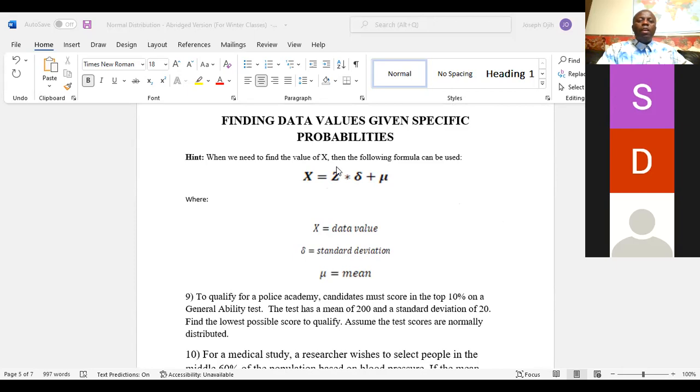Today, we will be starting from finding data values using z when you have the specific probabilities. The formula for that is x equals z times sigma plus mu, where z represents the standard score, sigma represents the standard deviation, and mu represents the mean, and x is the value you are looking for.